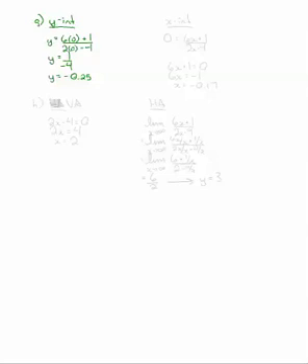Decimals are easier to graph than fractions. X-intercept. What's going to make the top equal to 0? And we round it, x-intercept at negative 0.17.